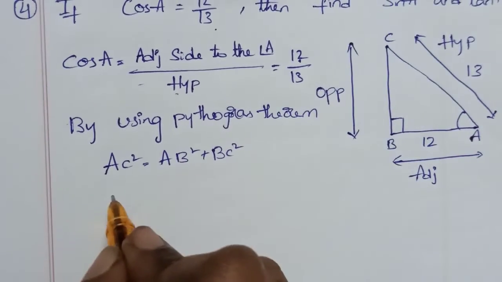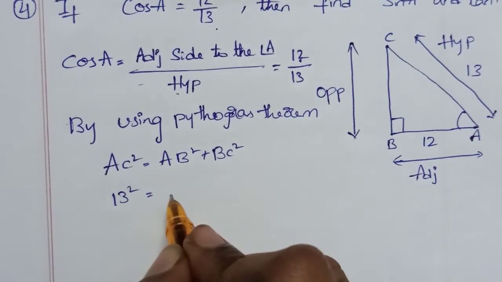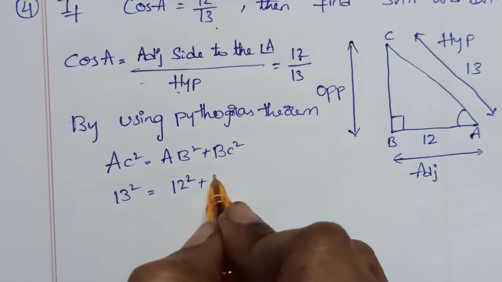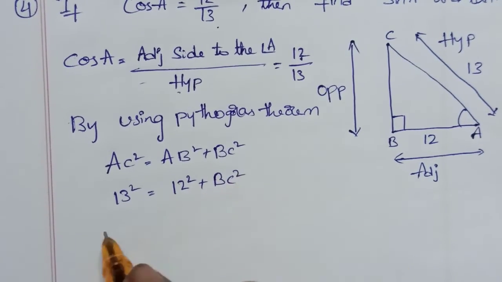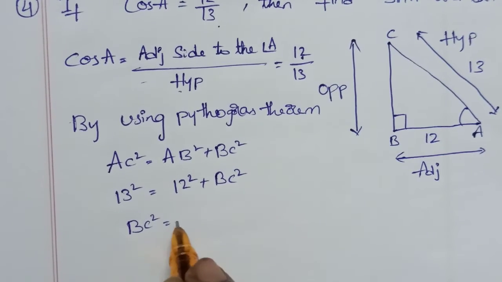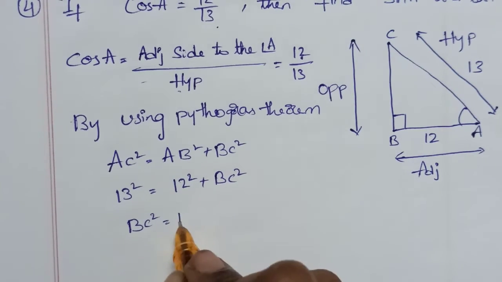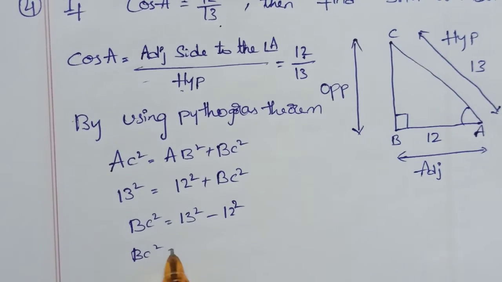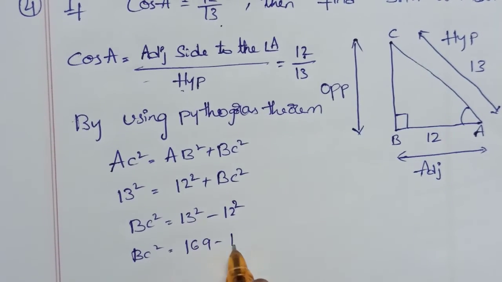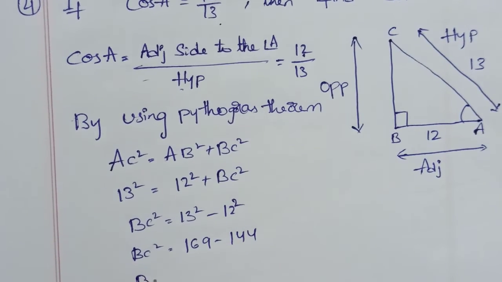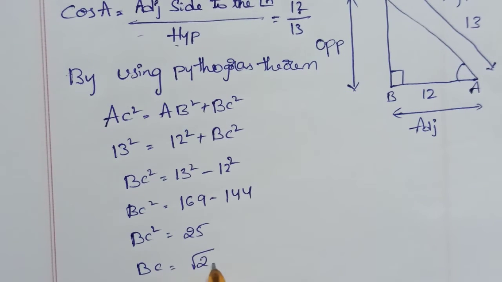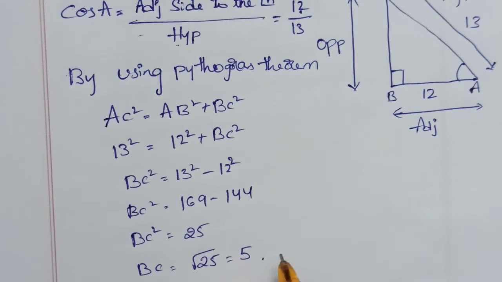AC length is 13. 13 square is equal to AB length is 12. 12 square plus BC square. BC square is equal to 13 square minus 12 square. BC square is equal to 169 minus 144. BC square is equal to 25. BC is equal to square root of 25, that is equal to 5.